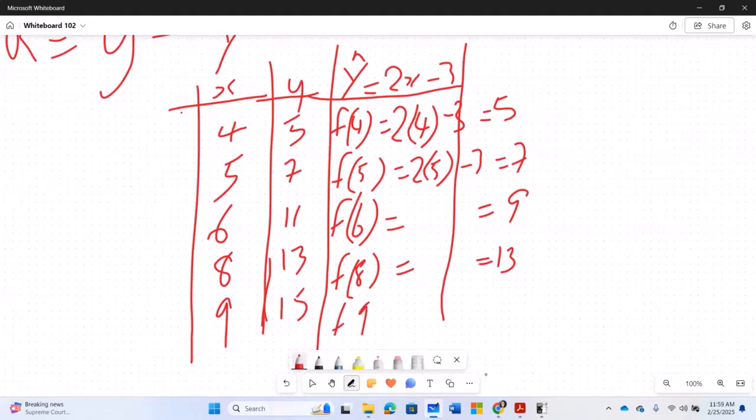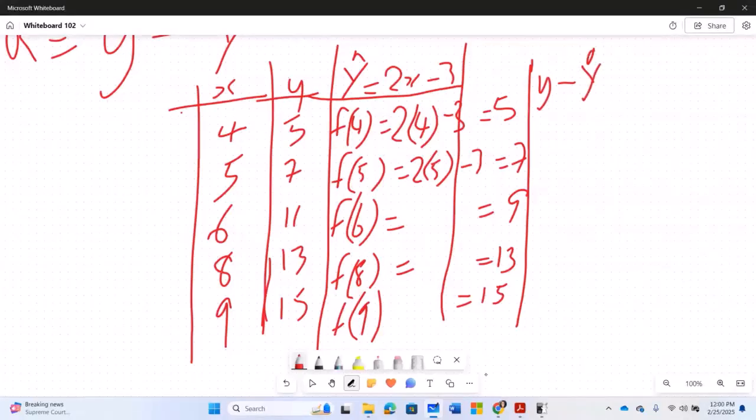So now I have found the predicted values, and now we are going to subtract y minus y hat, which is the residual.